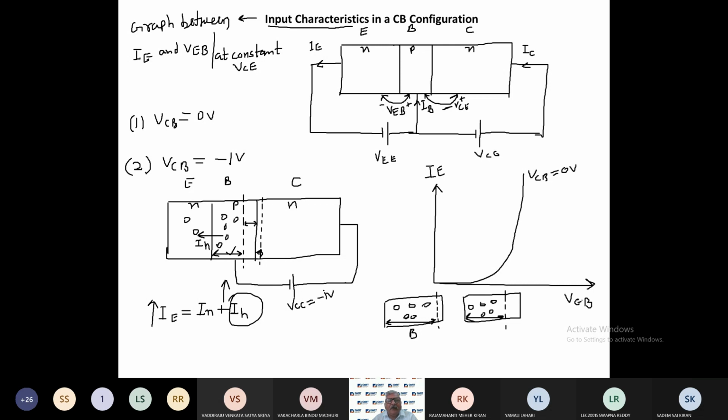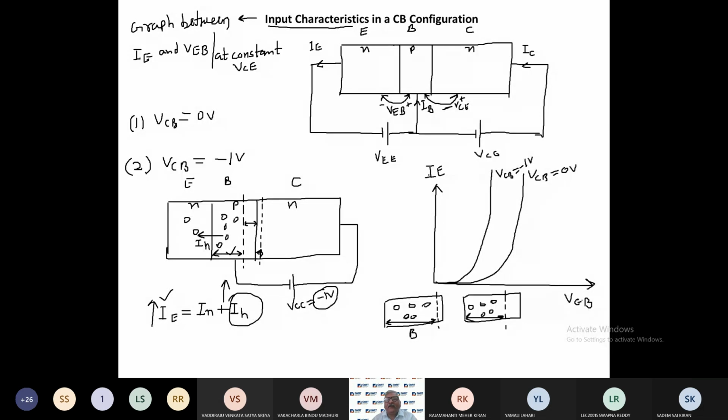This means that if we increase the reverse bias in the collector base, IE will increase. So this curve will shift towards the left side like this. This type of curve you will get at VCB equal to minus 1 volt, right? We kept VCC at minus 1 volt.